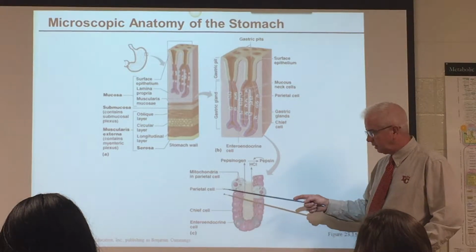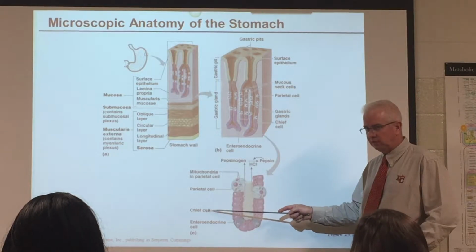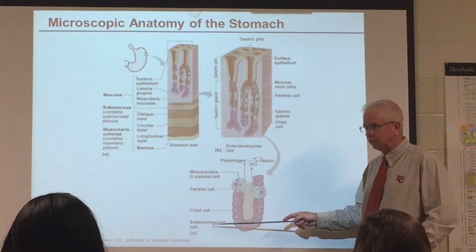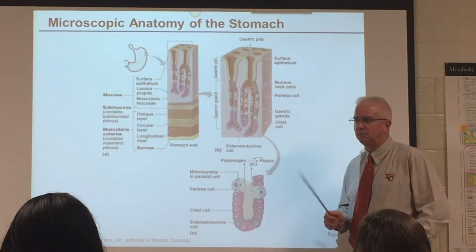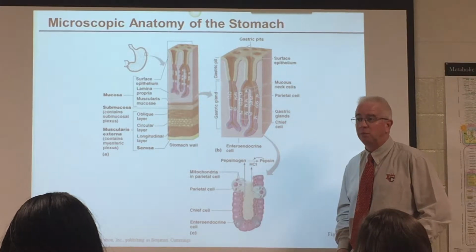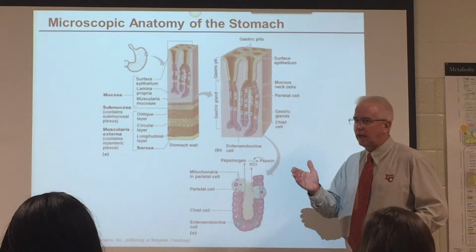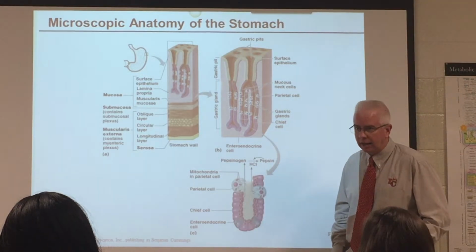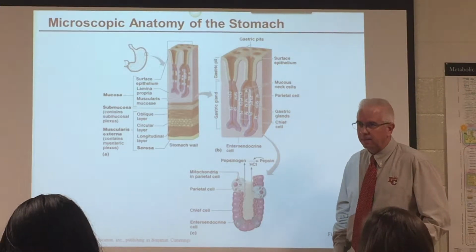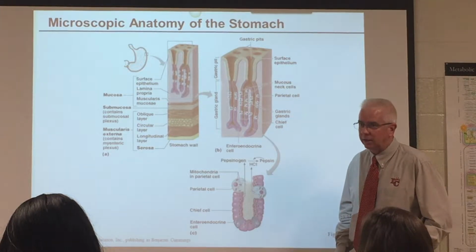You can see here that this one is called a parietal cell, and this one is called a chief cell, and this one is called an enteroendocrine cell. And the reason they have names like this is because they are producing products. These are hormone/enzyme producing glands. These columnar epithelial cells are in fact endocrine glands.